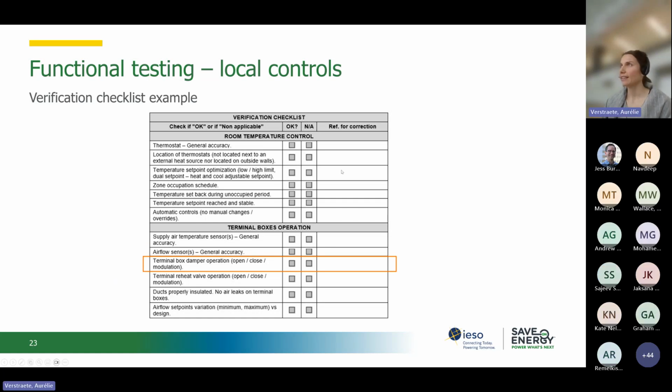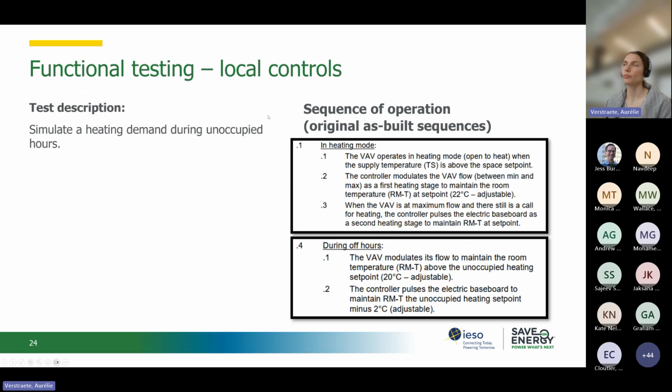Okay, so for local controls, here was an example of some pre-functional verifications. And then if you want to have proper functional testing, maybe one test could be to simulate a heating demand during, for example, unoccupied hours.